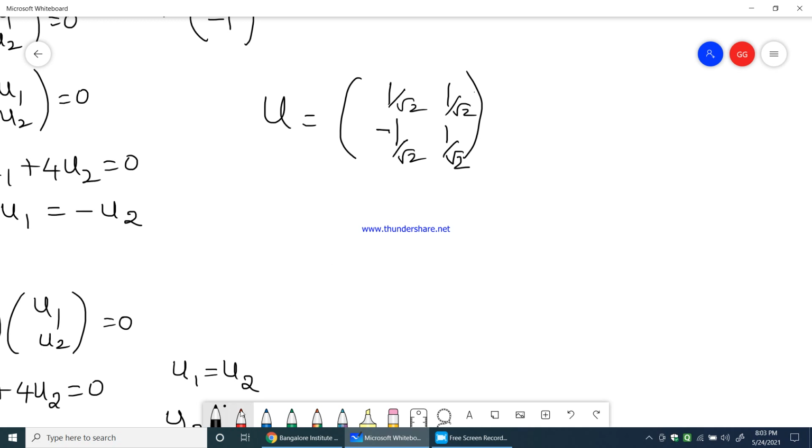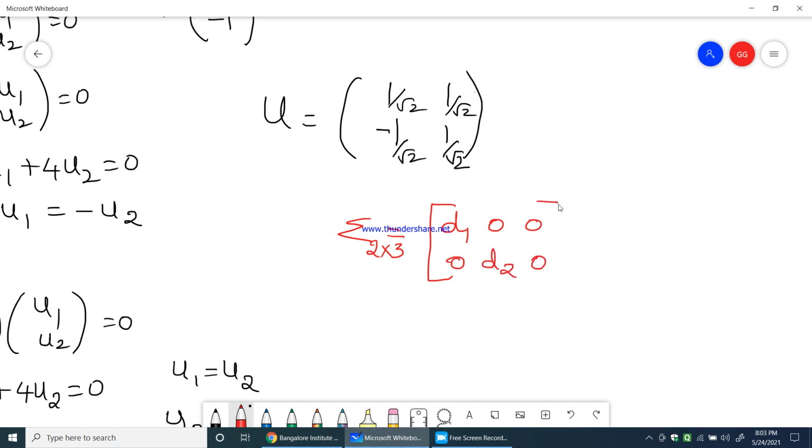Now finally we come to sigma. Sigma is a 2 cross 3 matrix, because the dimension of sigma is equal to the dimension of the given matrix, which is a rectangular matrix. Here this is the first diagonal element and this is the second diagonal element.